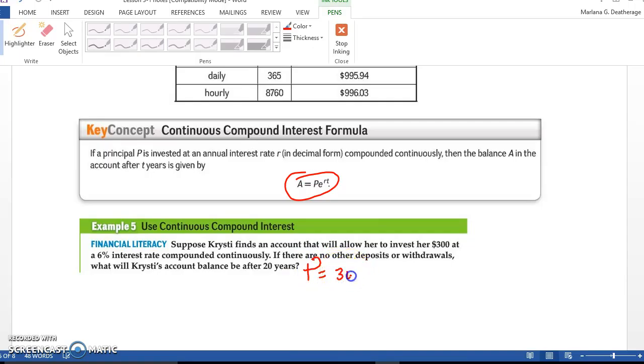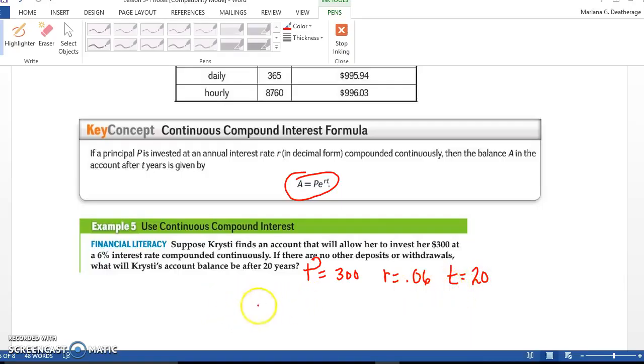300. Alright, what is our R, our rate? What's our interest rate in decimal form? 0.06, because 6% is 0.06. Alright, and then do we have the number of years, our T? 20.